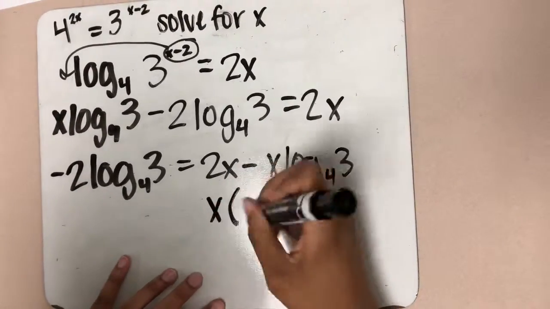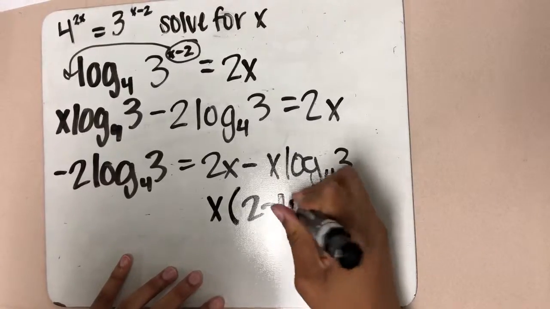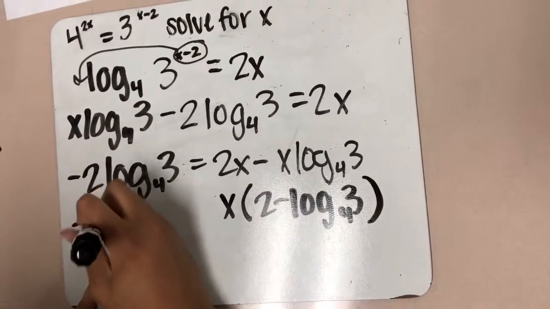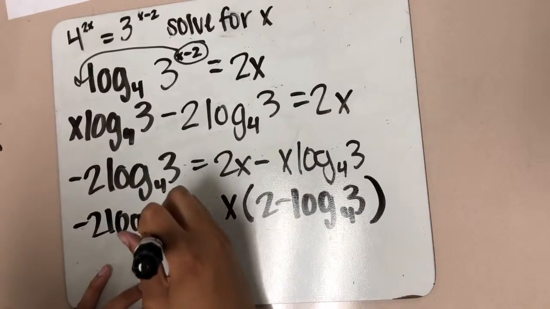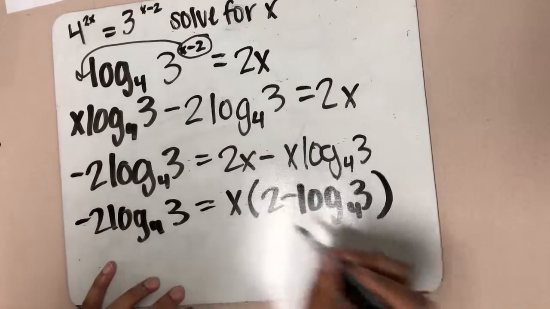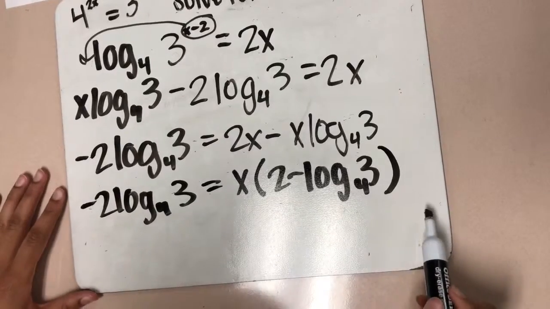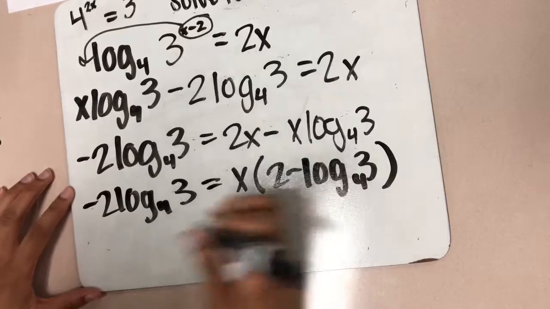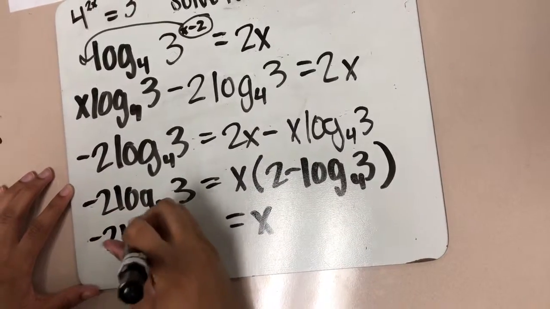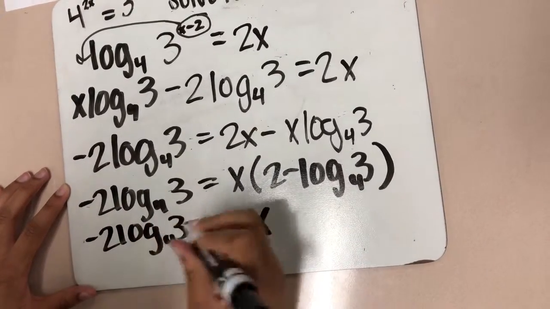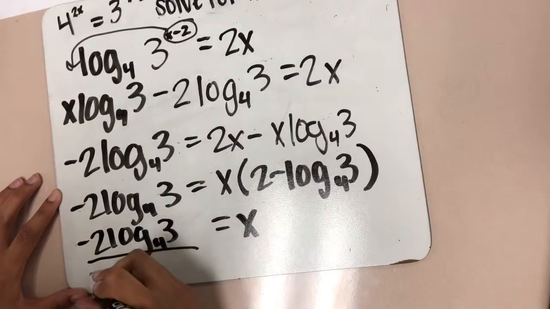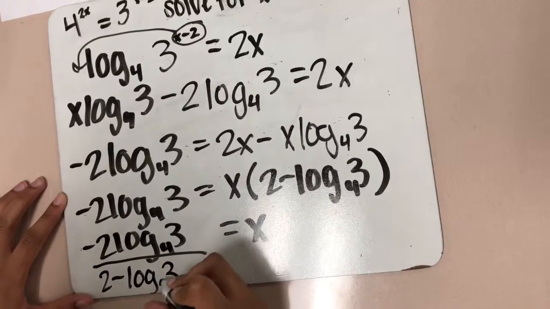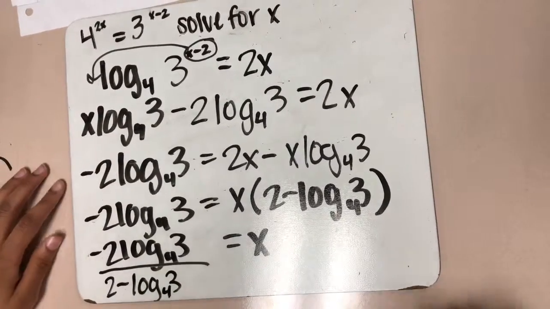So x times (2 minus log of 3 base 4) equals negative 2 log of 3 base 4. So then you're going to want to divide by everything in the parentheses to get x by itself. So x will equal negative 2 log of 3 base 4 divided by 2 minus log of 3 base 4.